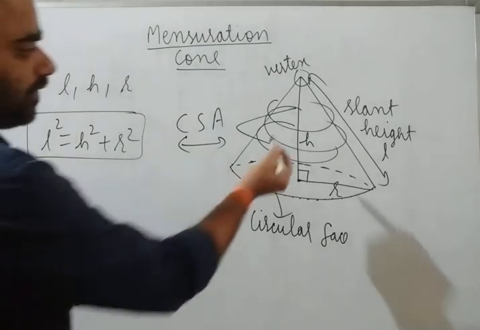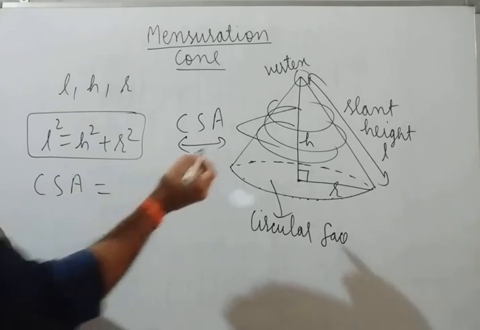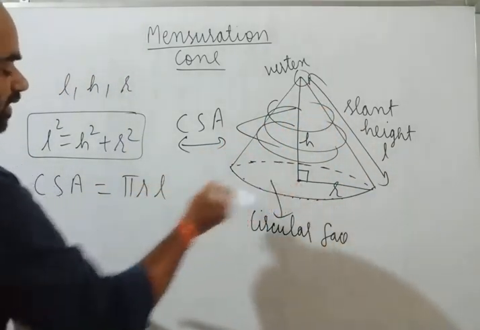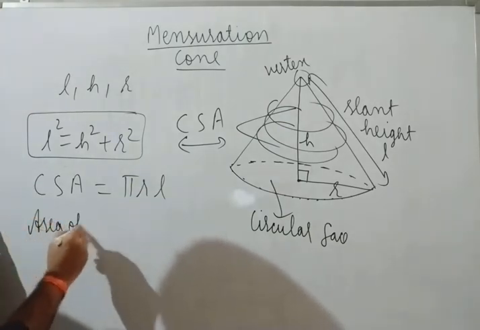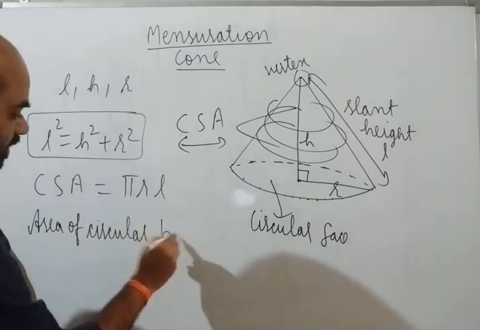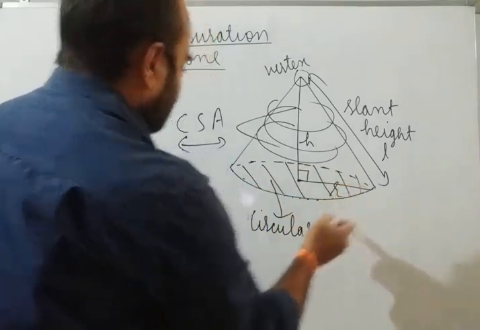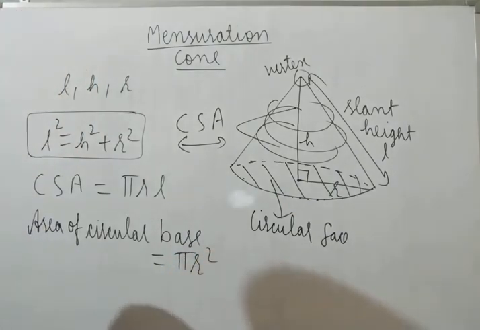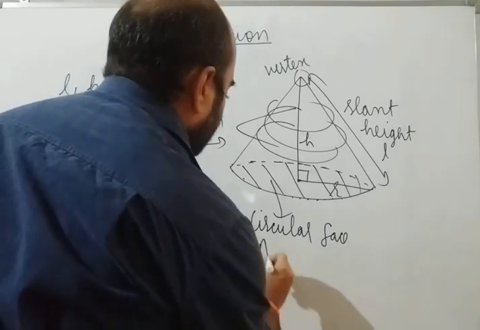Then we have two faces. One is the curved surface. This curved surface area is pi r L, and the other is the area of the circular base. What is the area of this face? This is a circle, so the area of a circle is pi r square. Correct? Now what is the surface area of the cone?